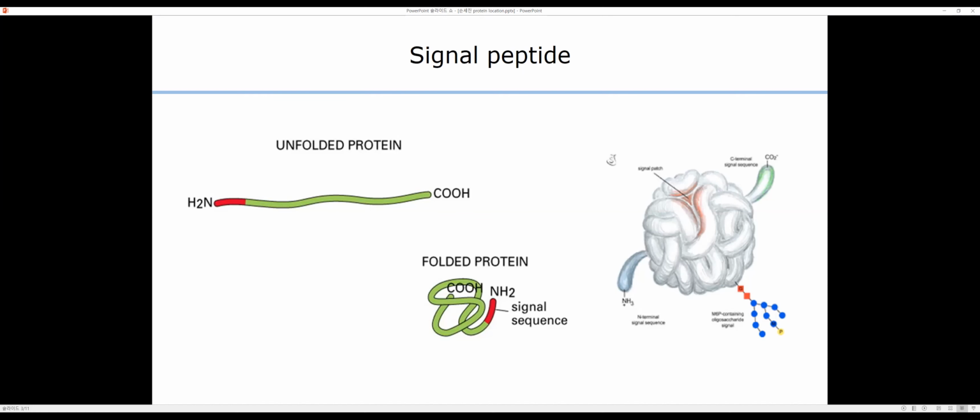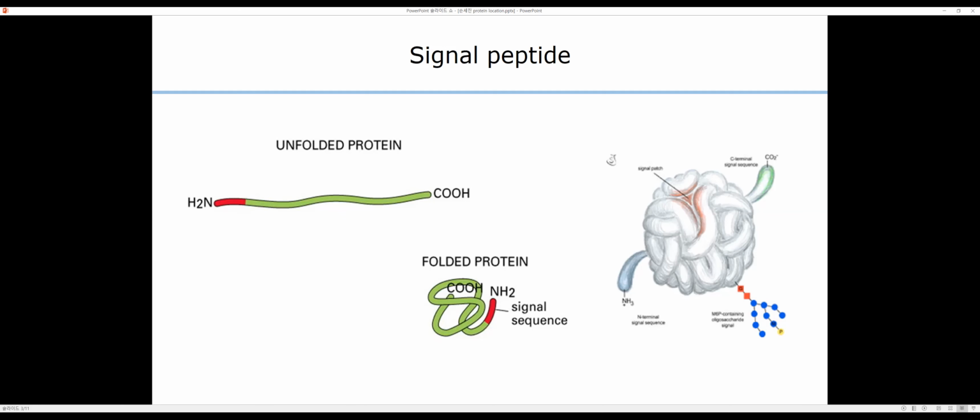Okay. Now, anyway, if this protein is just synthesized and has nothing much to do, then it will reside in the cytosol. That's it. Let's make it simple. Now, if this protein needs to go to the mitochondria or the lysosome, some specific organelle, then it carries a specific signal, the so-called signaling peptide.